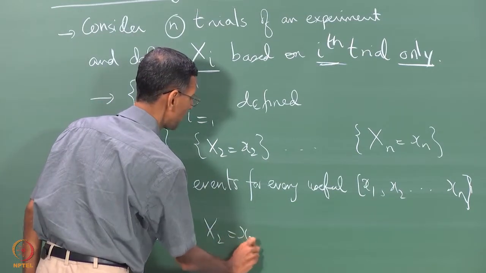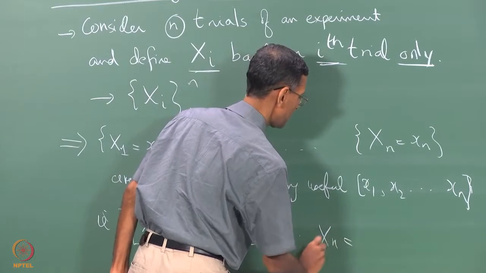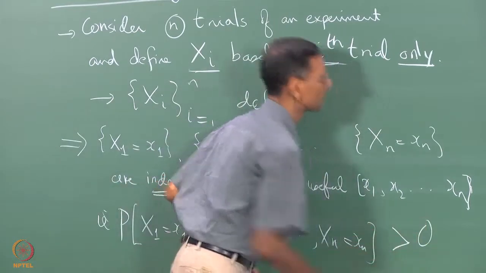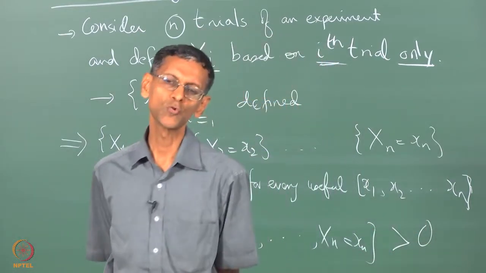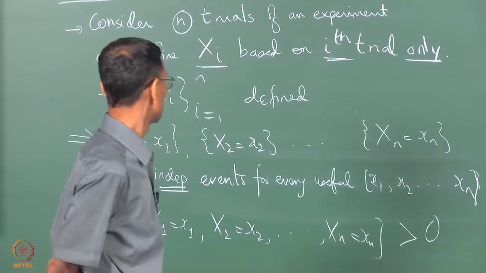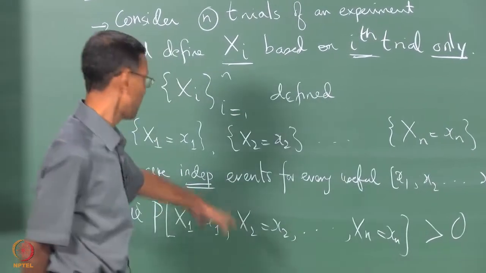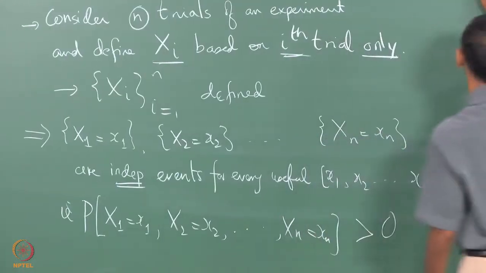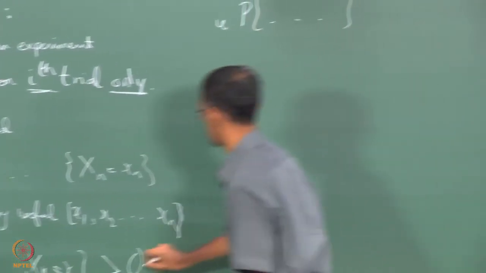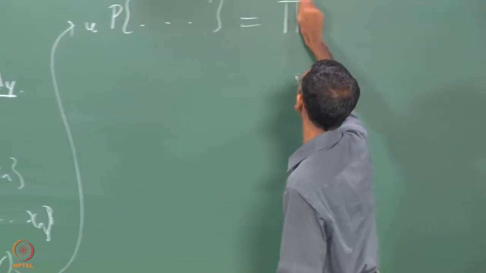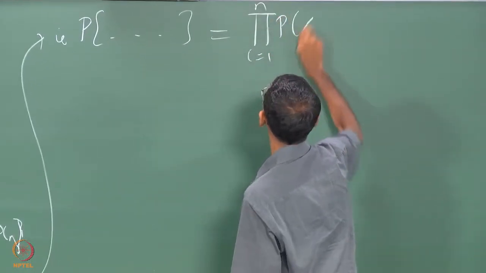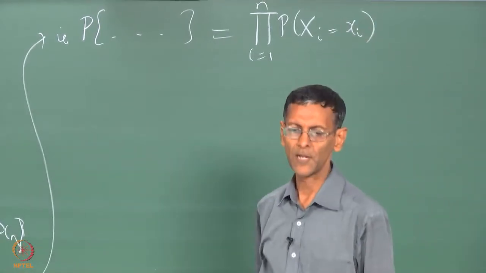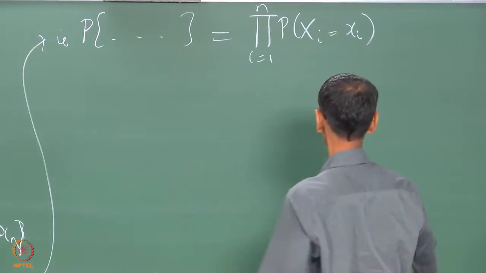I don't want this joint probability to be 0. I want to choose the small xi's such that this joint probability is positive, and we have that quantity being equal to the product of the probabilities of the individual events, right?